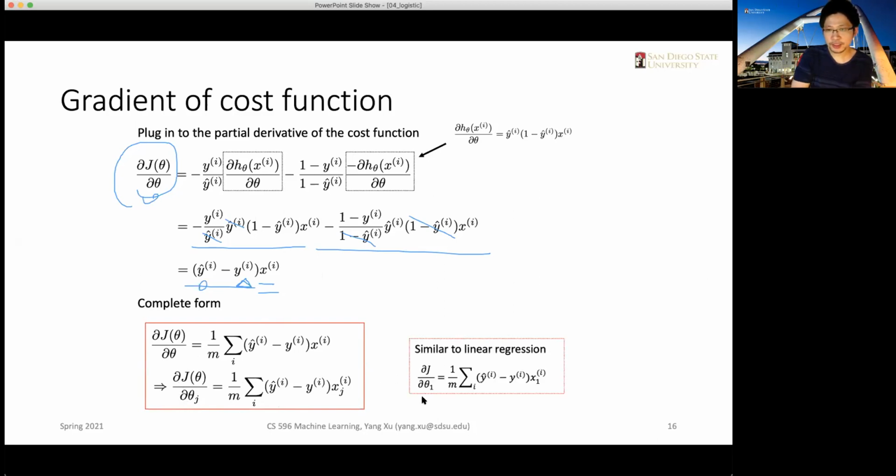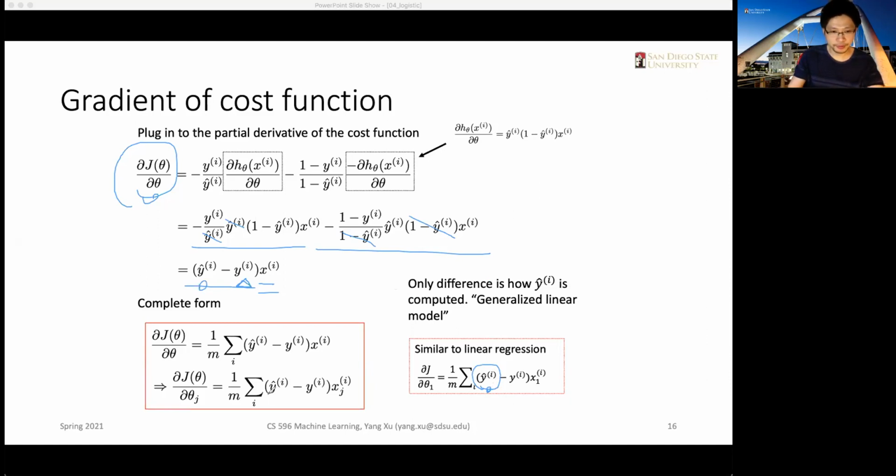It's actually a very similar form to linear regression. So we can put them together without telling a difference as to which one is for linear regression and which one is for logistic regression. The only difference is how y hat is computed. In linear regression, y hat is just the linear formulation, a dot product between theta and x.